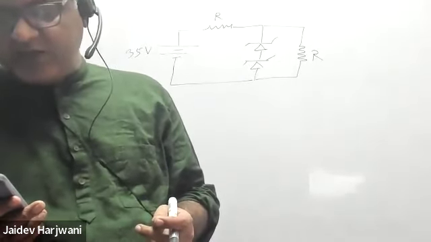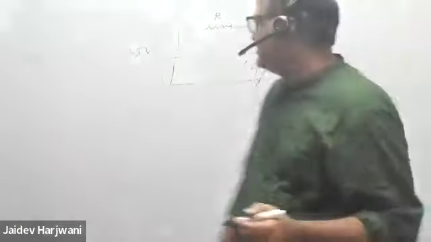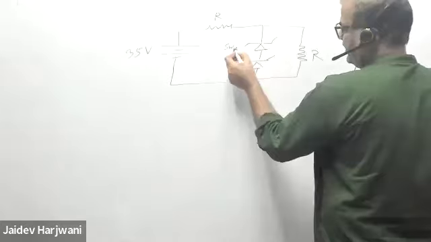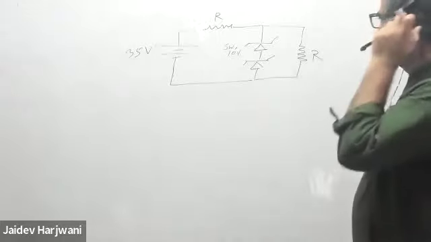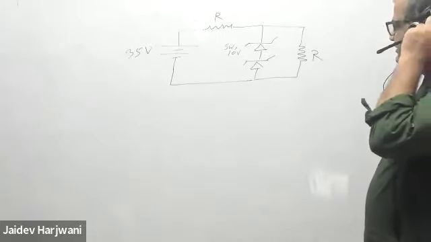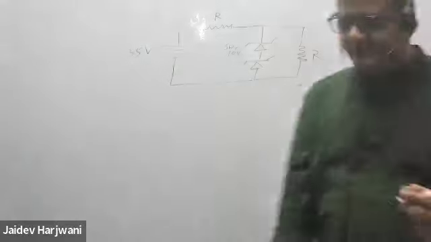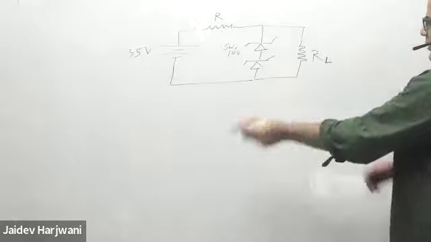Zener diode ratings are given: 5 watt and 10 volt. So obviously this is R and RL.